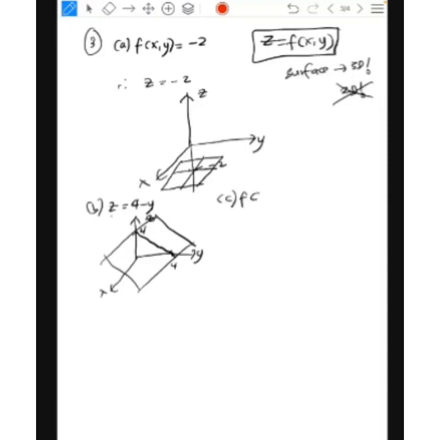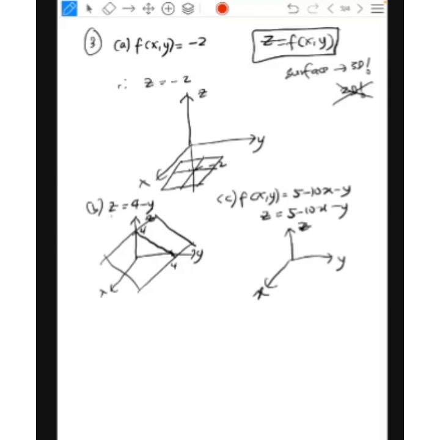And then c, z equals 5 minus 10x minus y. Now the plane is no longer along any axis, because every variable is there: x, y, and also z.